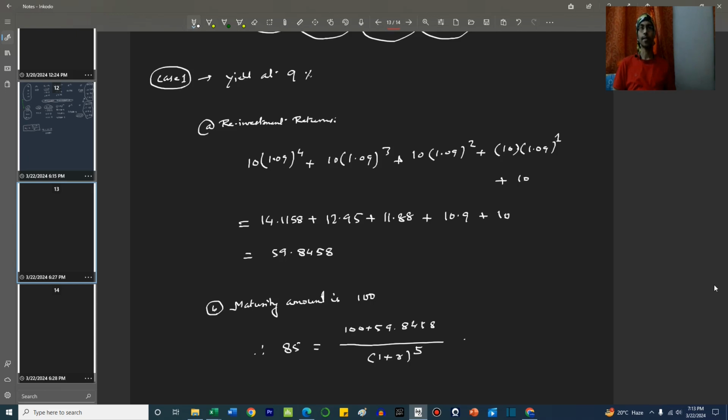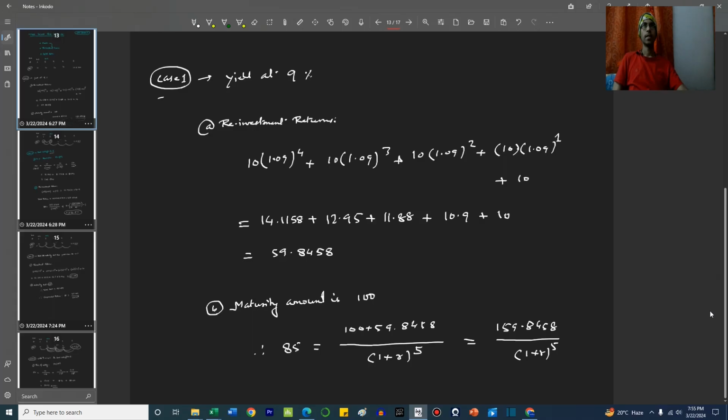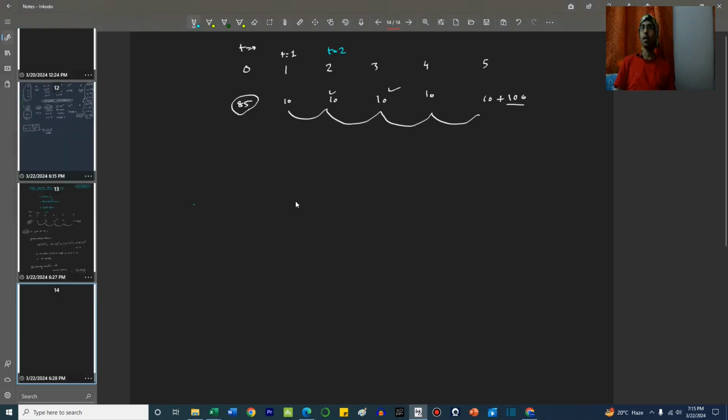Let's calculate this, guys. 85 into (1 plus R) to the power 5 is equal to 159.8458. So R is 159.8458 divided by 85, to the power 1 by 5, minus 1. This comes to be 13.46%. So R here comes to be 13.46%.